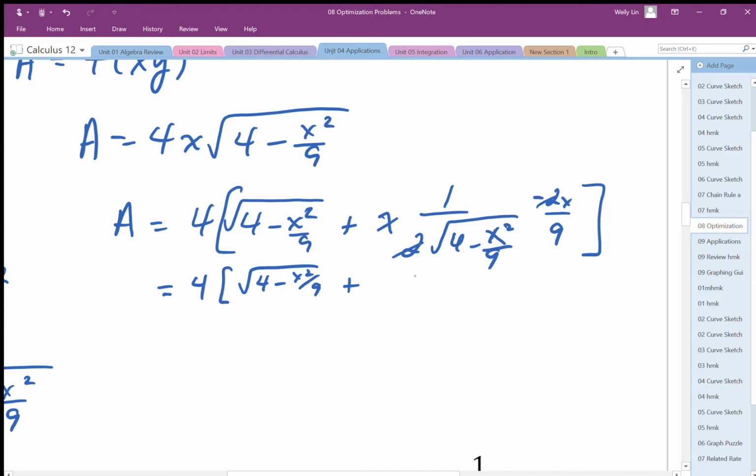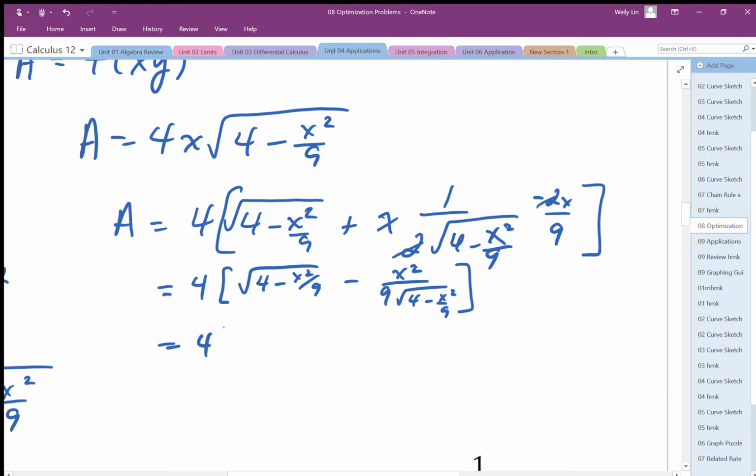That's going to be minus, minus 2x squared. Oh, sorry, minus x squared over 9 root 4 minus x squared over 9. Okay, so I'm going to get a common denominator here.